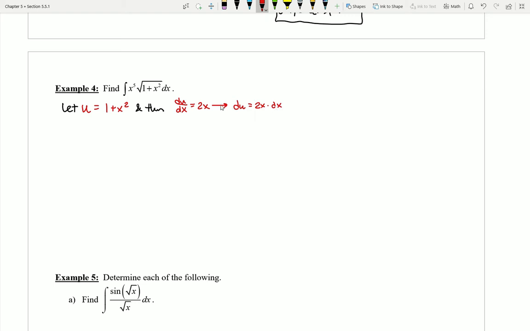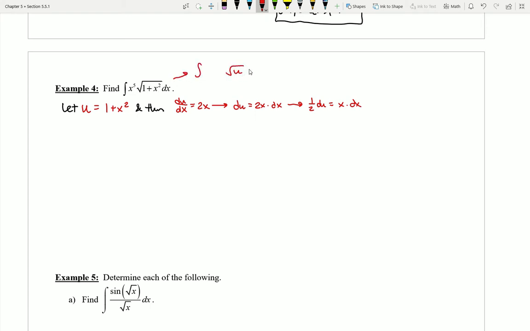I kind of have x to the fifth in here, right? So my derivative is partially in here. I could imagine rewriting this one more time as 1/2 du equals x dx, so I just multiply both sides by a half. And in here, I could imagine rewriting this as an integral.